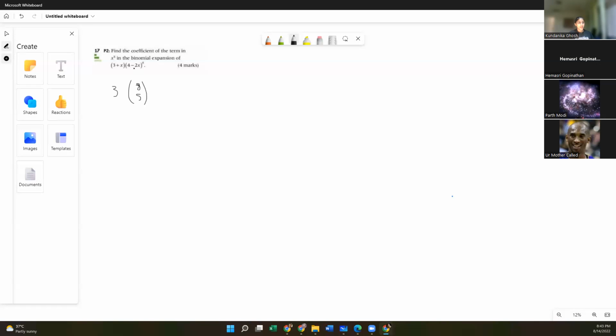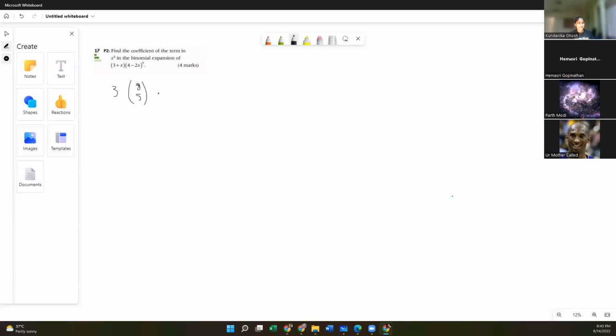Yeah. Okay, so b in this case is negative 2x. So negative 2x to the power of what equals the term of x to the power of 5?